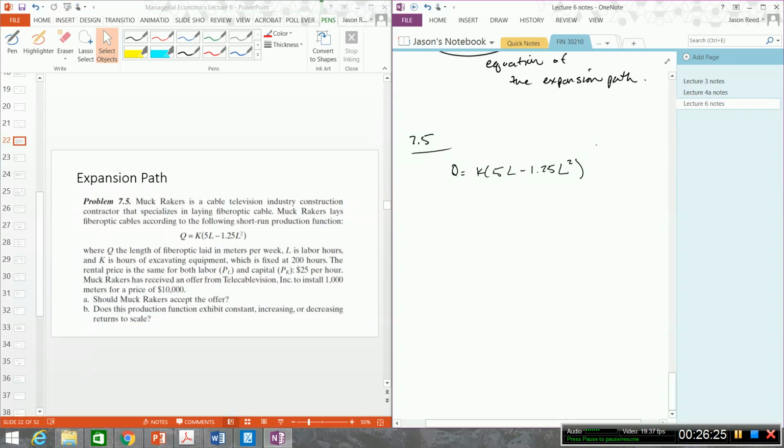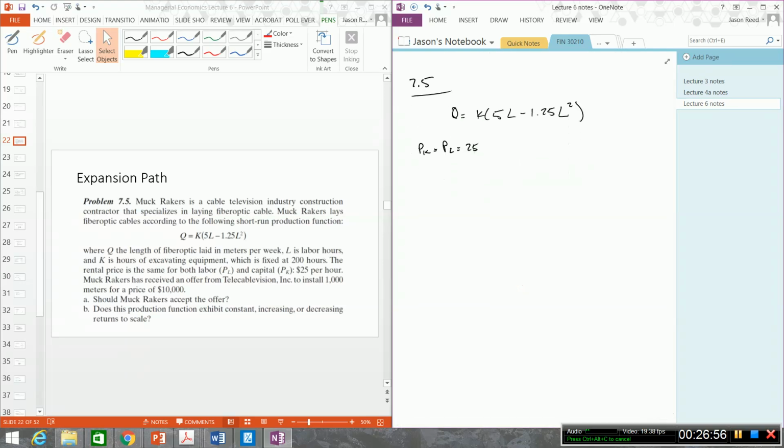K is hours of excavating equipment, which is fixed at 200 hours. The rental price is the same for both labor and capital at $25 per hour, so P sub L is equal to 25 is equal to P sub K. It has received an offer from Telecablevision to install 1,000 meters for a price of $10,000. Should Muckrakers accept this offer?